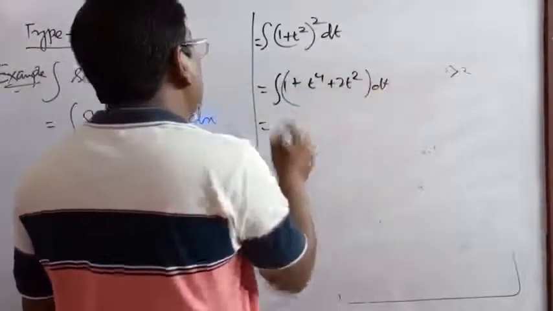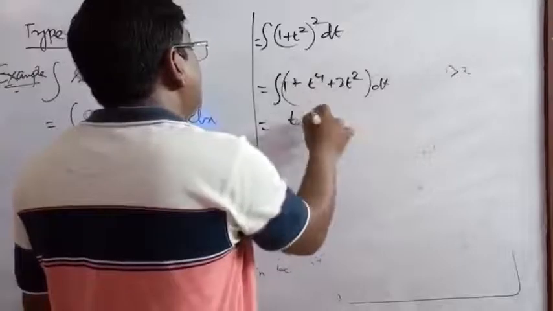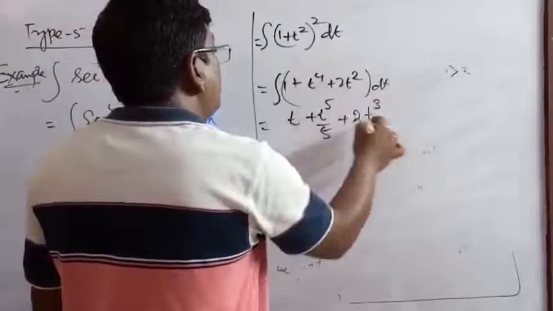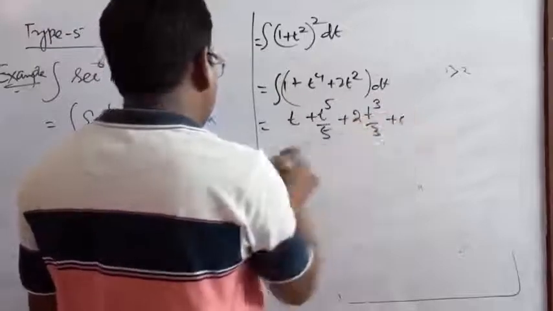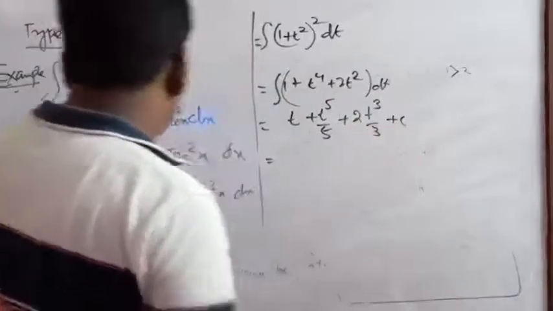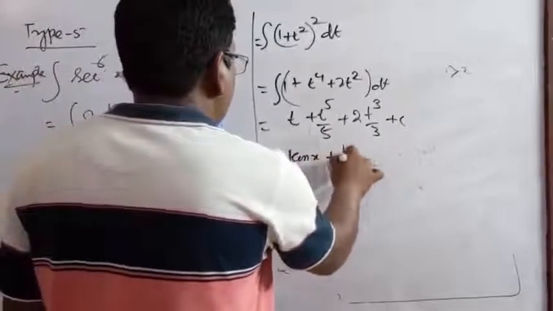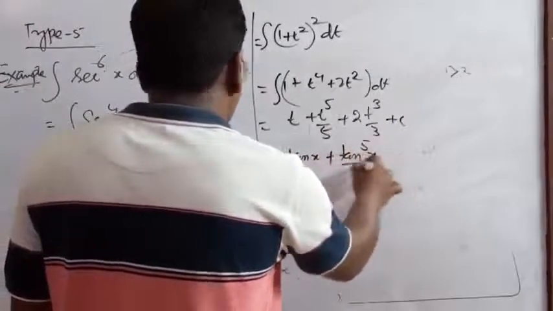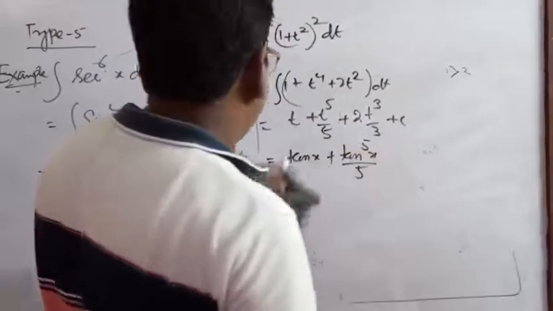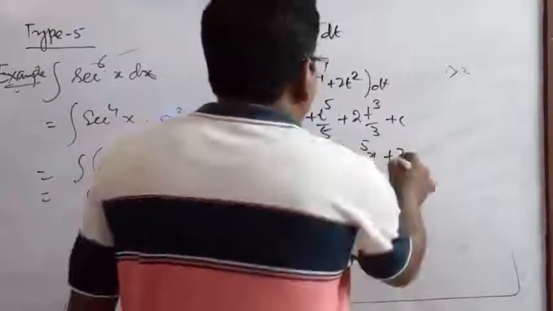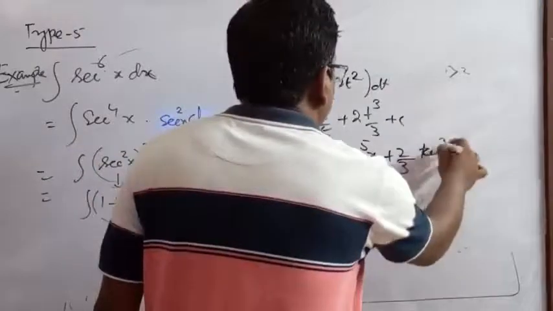So integrating with respect to t, this is t fifth by 5 plus 2 into t cube by 3 plus c. What is t here? t is equal to tan x. So tan fifth x by 5 plus 2 by 3 tan cube x plus c.